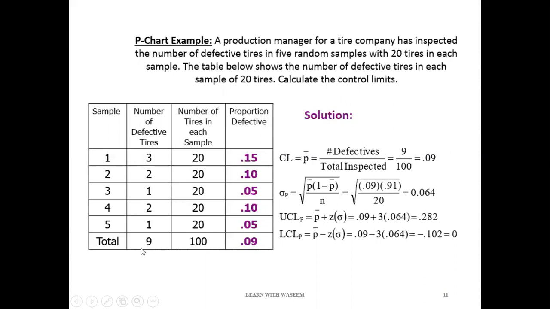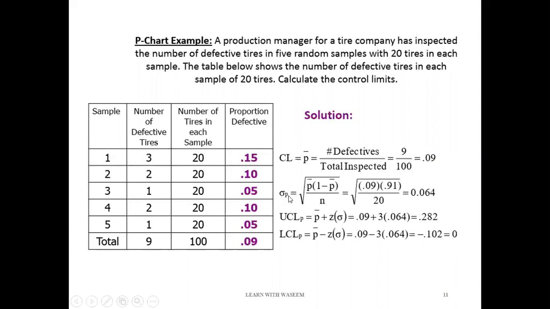So that would be equal to 9 by 100, which is equal to 0.09. So the central line of the P chart would be 0.09.